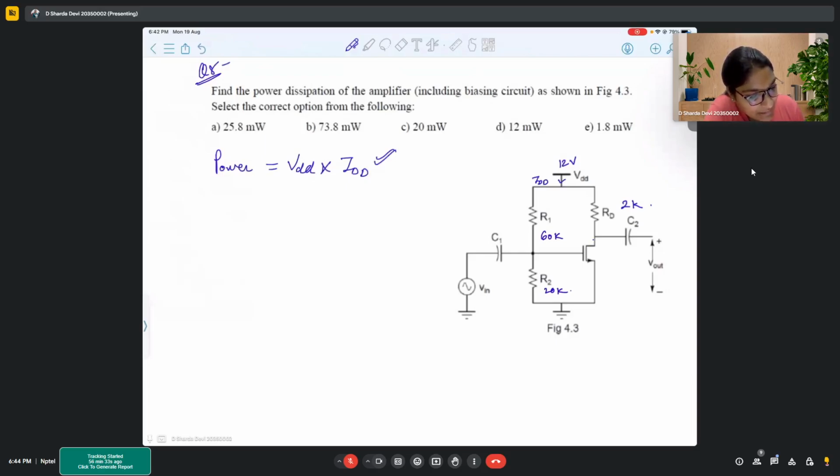Now there is another current flowing, which is I1. How to find I1? It is VDD upon R1 plus R2, considering that since there is a coupling capacitor, no current flows through this capacitor.